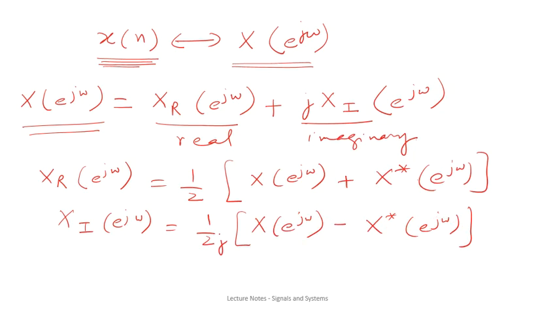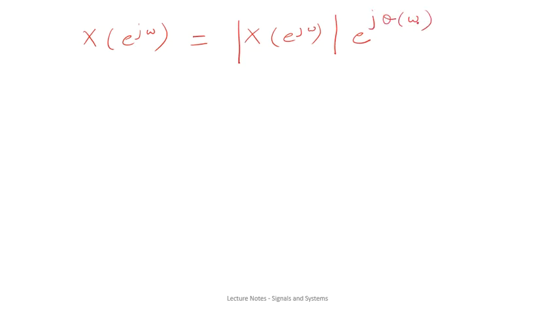The Fourier transform can be expressed in one more alternative form, that is, the magnitude along with an angle component, where theta omega represents the angle component here.